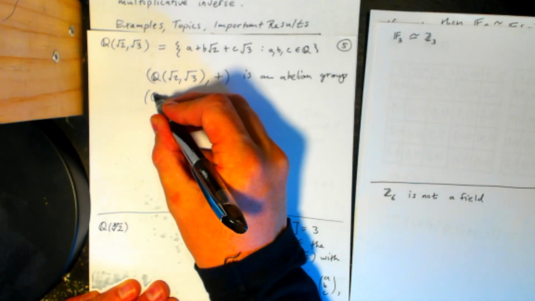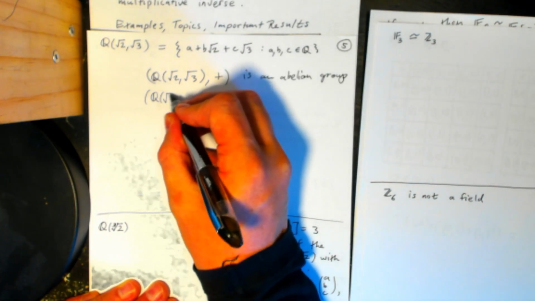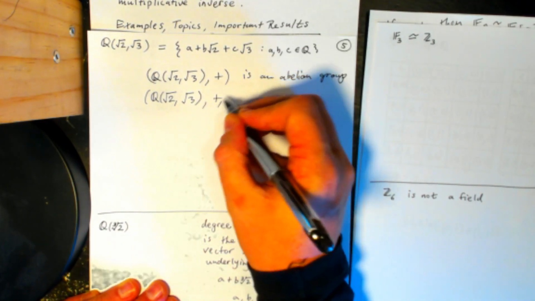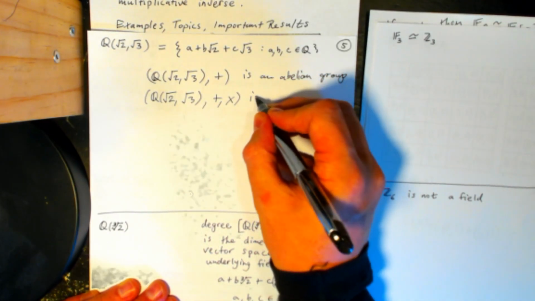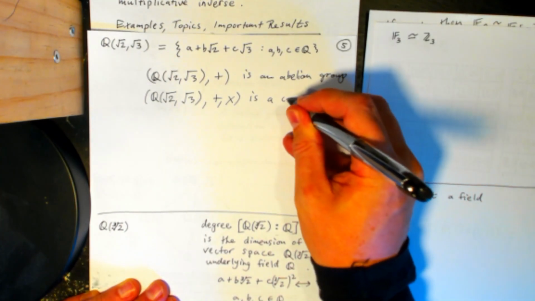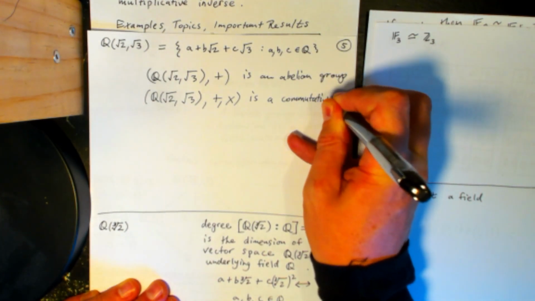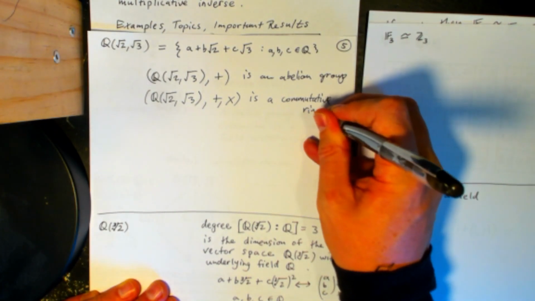Okay, and then we note that this with addition and multiplication is a commutative ring.